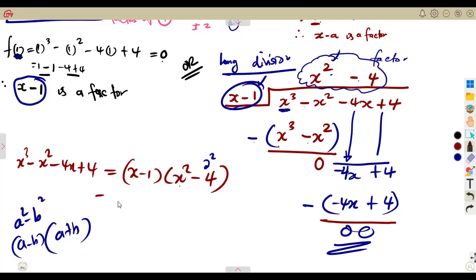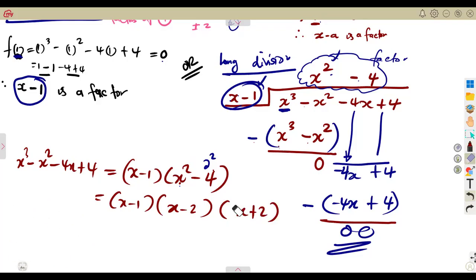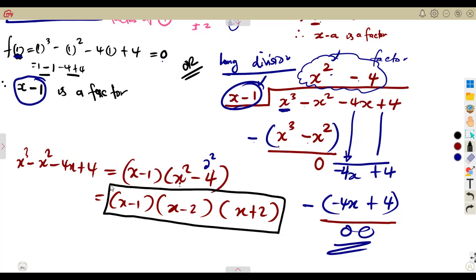So we've got 2 brackets there: x minus 1 into the bracket x minus 2 and another bracket x plus 2. Are these not the same factors that we had previously when we were dividing by each number? These are exactly the factors that we had.